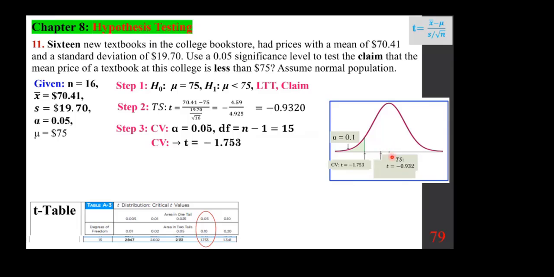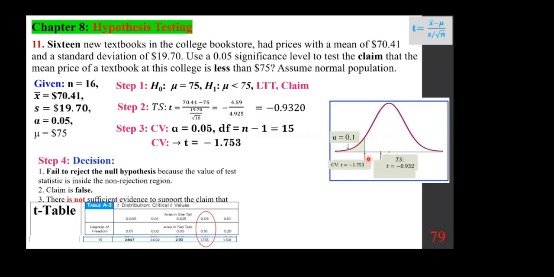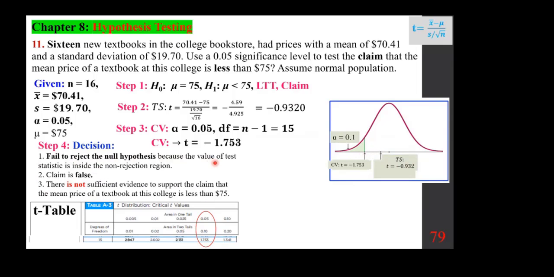Remember, this is 0. And it puts us way into the non-rejection region. Therefore, the result is very simple. Fail to reject the null hypothesis. So we are going with the traditional method, comparing the two numbers. Fail to reject the null hypothesis because the value of the test statistic is inside the non-rejection region.